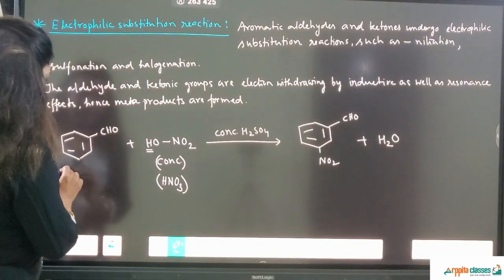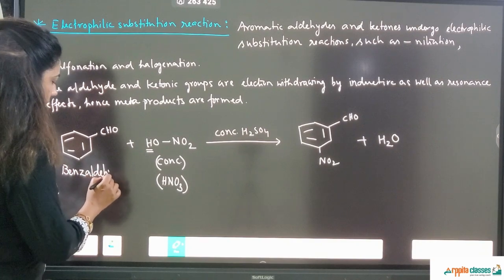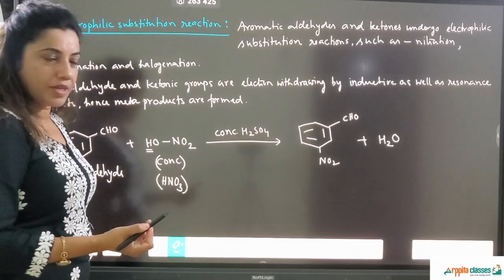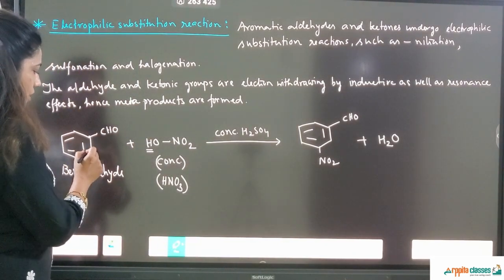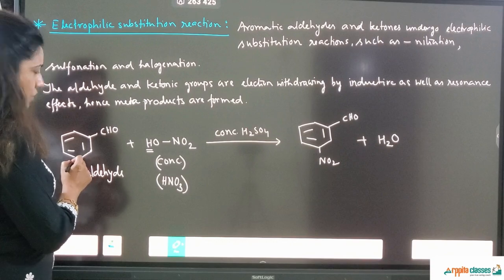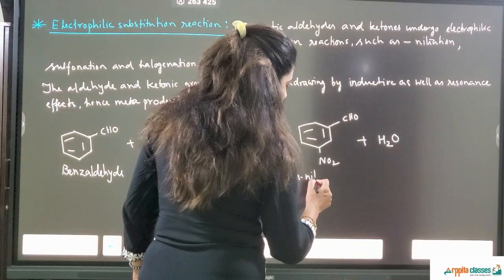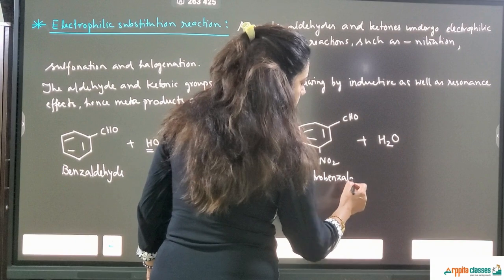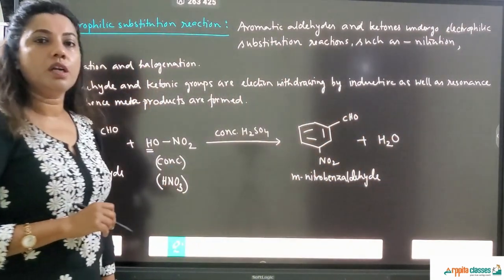So this is benzaldehyde, and this mixture will produce the NO2 plus electrophile, which will enter the meta position. This is the first position, this is the ortho position, this is the meta position. So we get meta-nitro. This compound is called meta-nitrobenzaldehyde. We get this product here, meta-nitrobenzaldehyde, along with liberation of a water molecule.